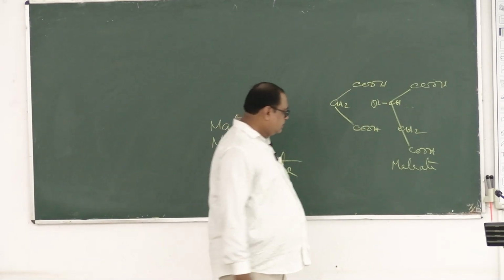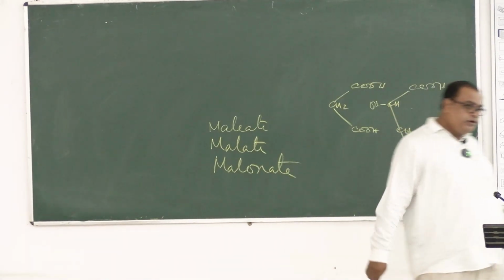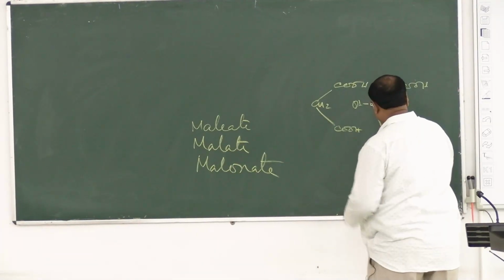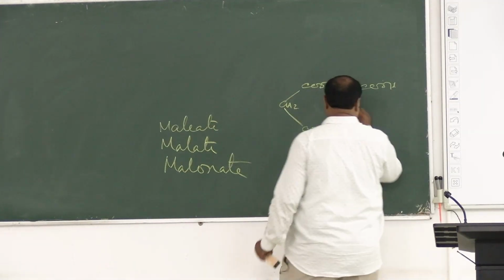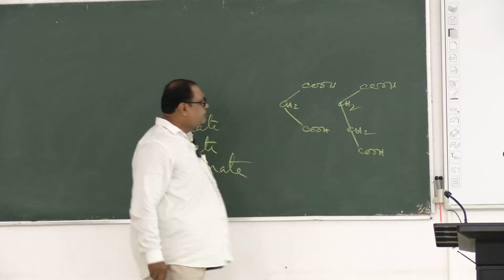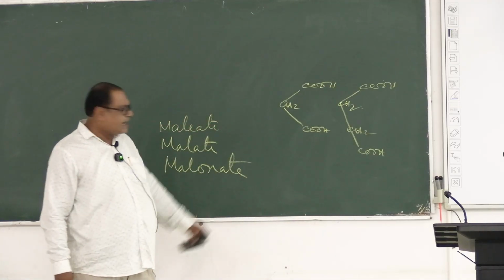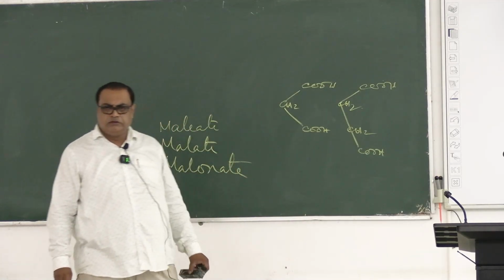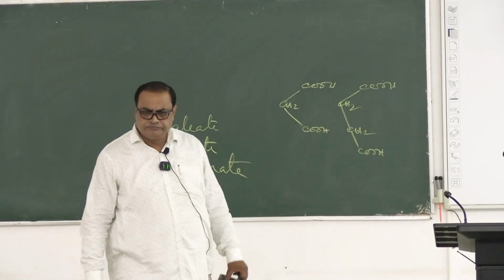Right. So anyway, malonate is a dicarboxylic acid with 3 carbon atoms, which is structurally similar to that of succinate at this part only. The whole molecule is not the same. Clear?